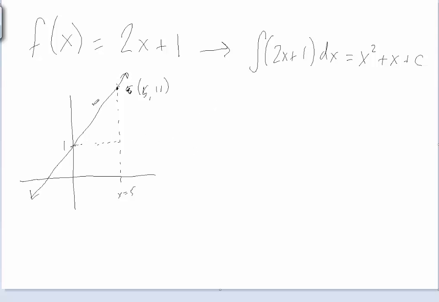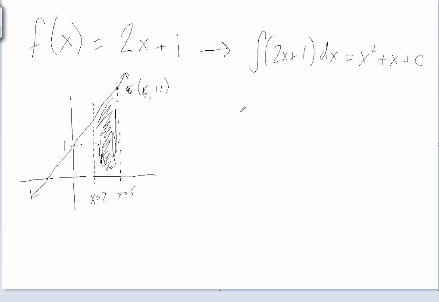Well, what if I only want to find the area between x equals 2 and x equals 5? So this area here.